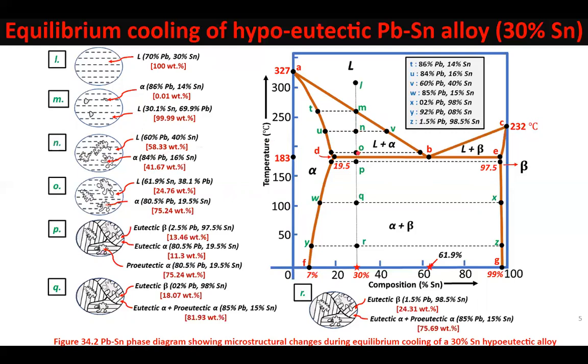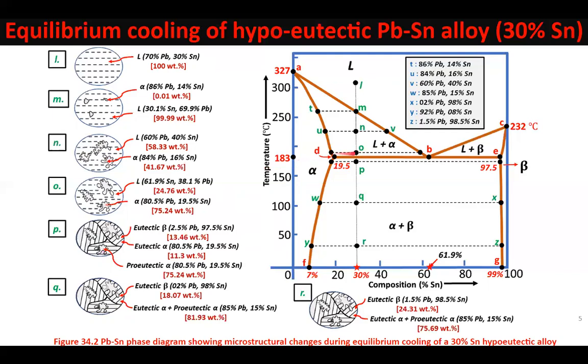When we have reached a temperature corresponding to point O, this is an important temperature and an important observation. As we reach point O, we are reaching the eutectic temperature, and we have liquid solution present in the alloy. Importantly, at the eutectic temperature, the liquid solution has got eutectic composition.